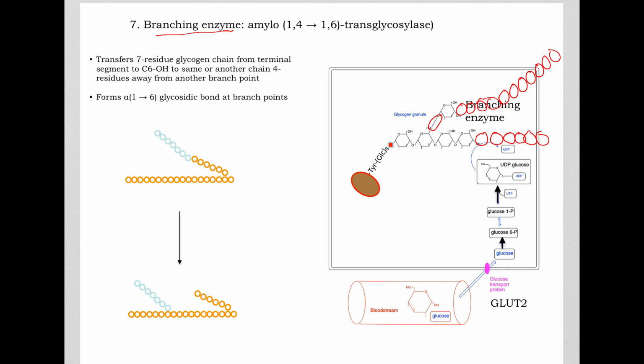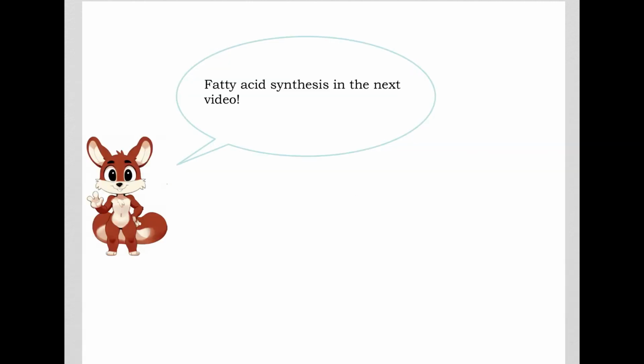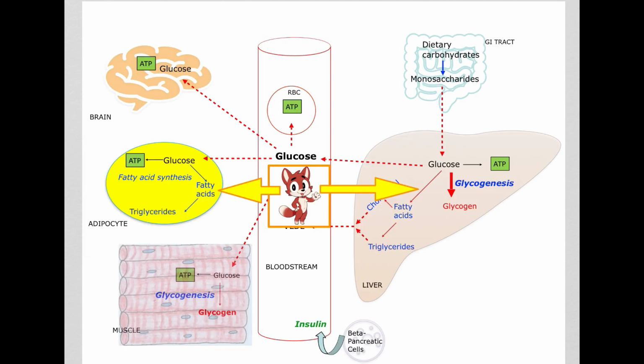In this way, glycogen in the liver that was used for maintaining blood glucose during the early starvation period, for example when you were asleep, is remade and replenished, and that happens after a meal. In the next video, we'll talk about the synthesis of another very important fuel that happens after a meal, and that is fatty acids.